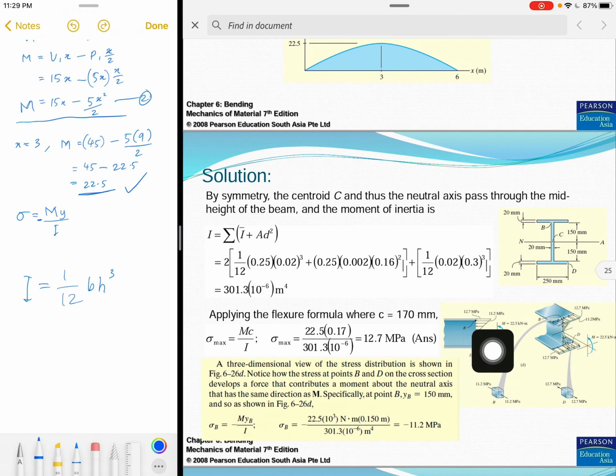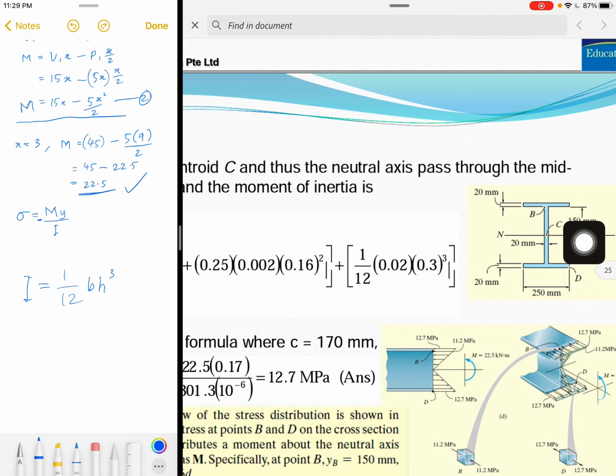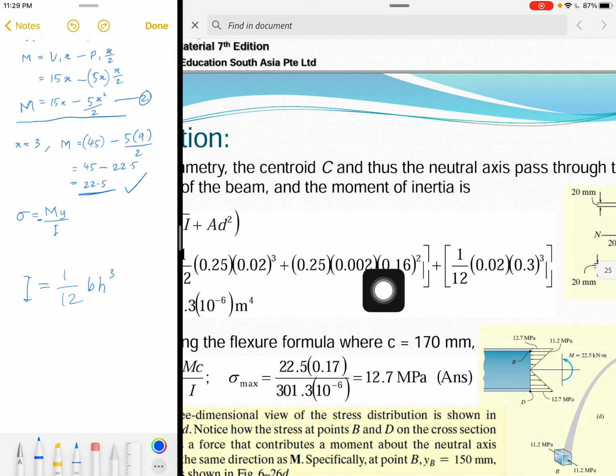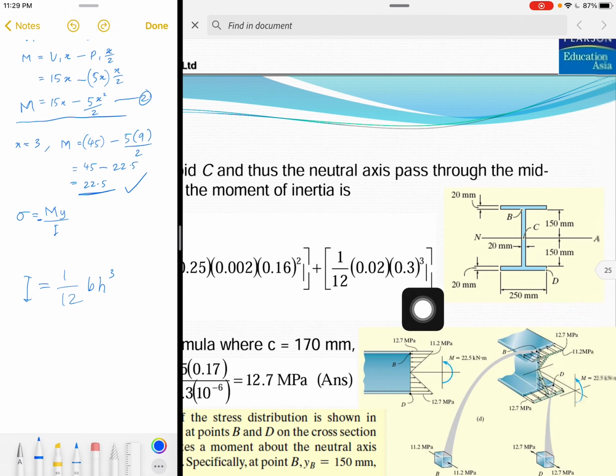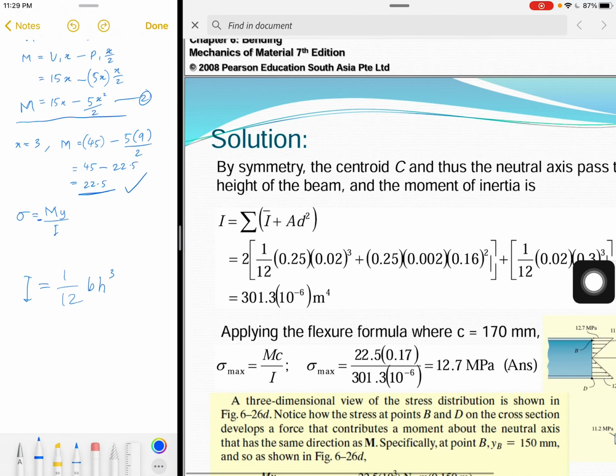So the offset is, if you look at this diagram, not 150 but 150 plus 10, because the thickness is 20, the half of the thickness is 10. 10 plus 150 is equal to 160. So that's why we have 0.16 square. So when you total everything up, this is the moment of inertia for a beam with a cross-section shape like this.